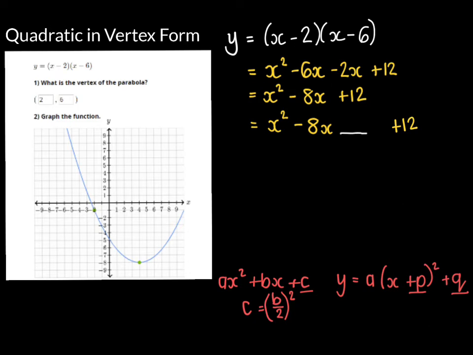All right, so we're going to use this very formula that we've just defined over here. In order to find c, we need to write b, which in this case is negative 8. So we're going to get (negative 8 divided by 2), all of this squared. Now we know negative 8 divided by 2 gives us negative 4, squared, and that is equal to 16. So our new c, or the new number that comes in here, will be plus 16.